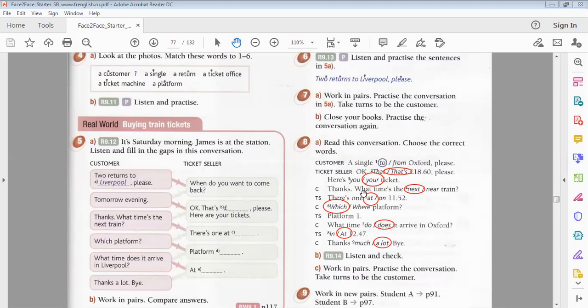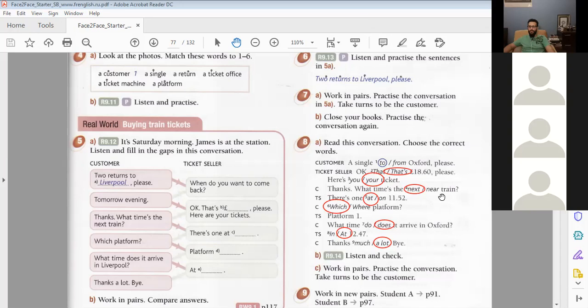Thanks. What time is the next train? There's one at 11:52. Which platform? Platform 1. What time does it arrive in Oxford? At 12:47. Thanks a lot.